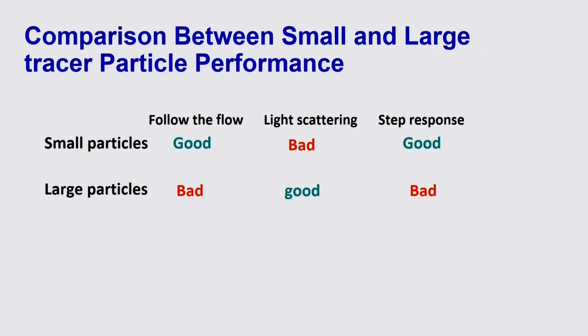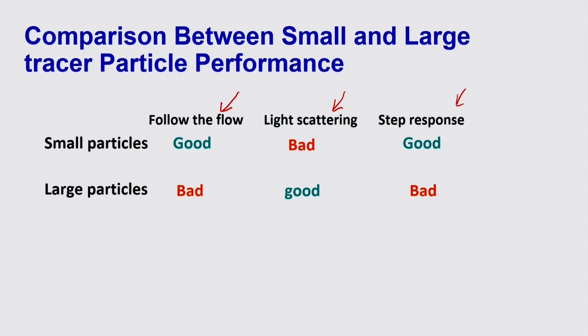Now, whatever I said, about what you should choose, a smaller particle or a larger particle. As we discussed, there are 3 parameters on which we discuss it: how well it follows the flow, how well it does the light scattering, and if there is any change in the fluid velocity, how well it will respond to that.